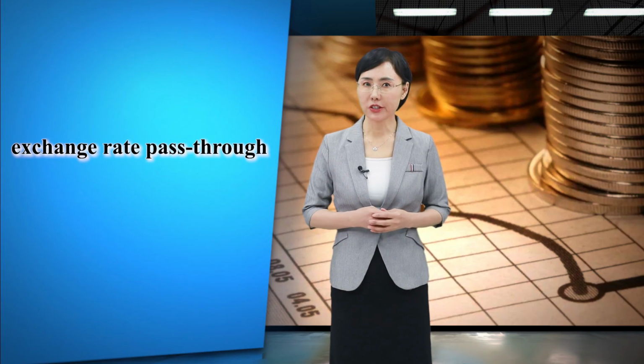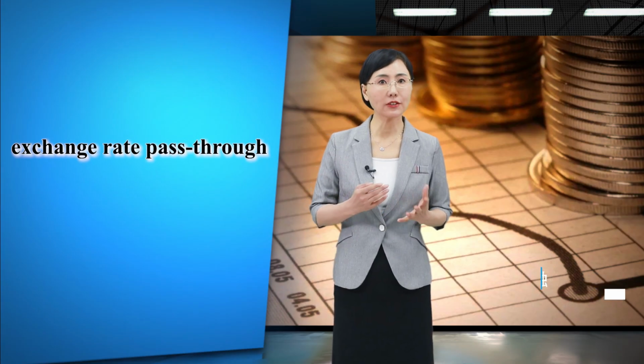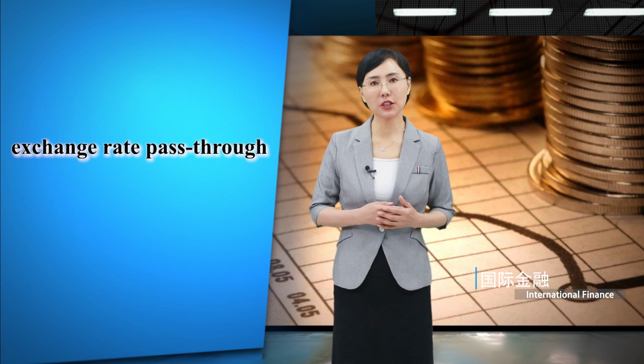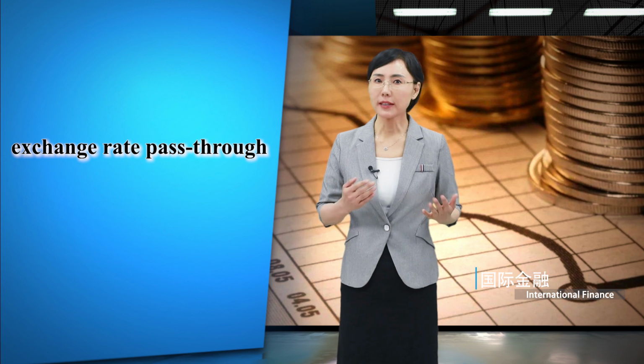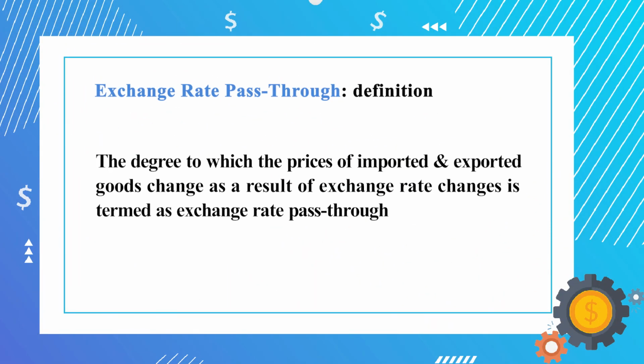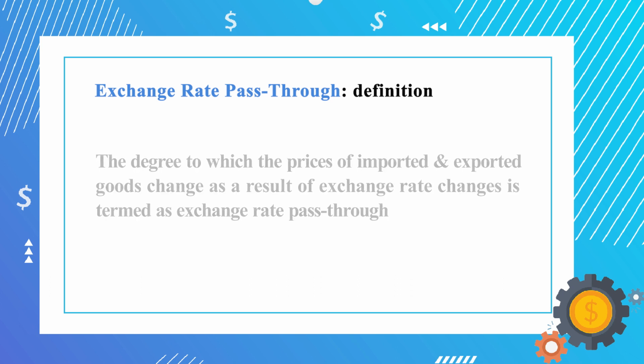The term exchange rate pass-through is not new to us. We have already learned this term in Chapter 3. The definition of it is as such: the degree to which the prices of imported and exported goods change as a result of exchange rate changes.